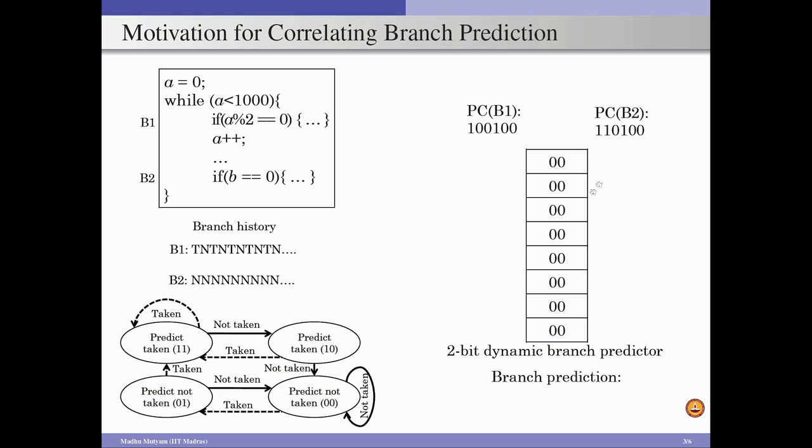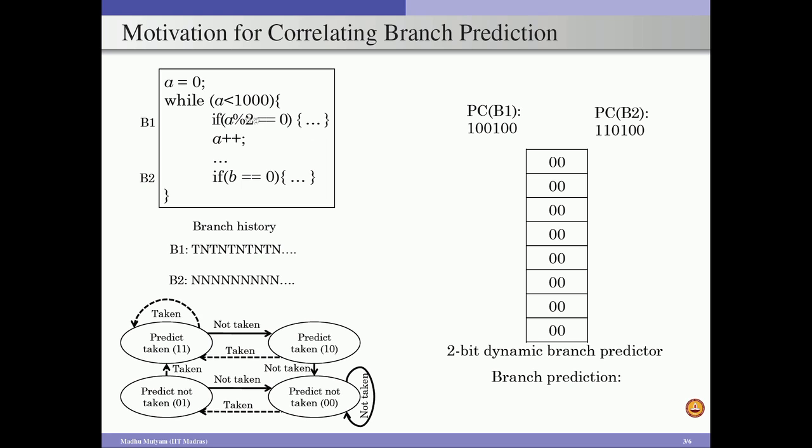In this particular example we are considering 8 2-bit dynamic branch predictors. So, there are 8 2-bit dynamic branch predictors in our system, and we use the LSB 3 bits of our branch address to index into this 8 entry table, and once it points to one particular entry, that entry is going to give the state diagram associated with this particular branch.